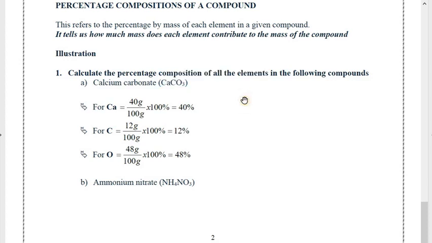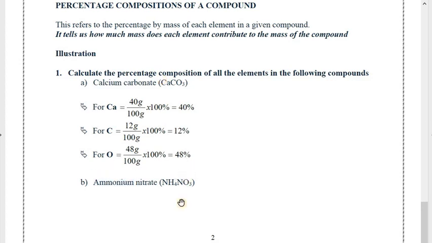If you add the mass of calcium, that of carbon and that of those 3 oxygen atoms, you'll find that they all add up to 100 grams. So to find the percentage composition, you take the mass of calcium over the overall mass of calcium carbonate.